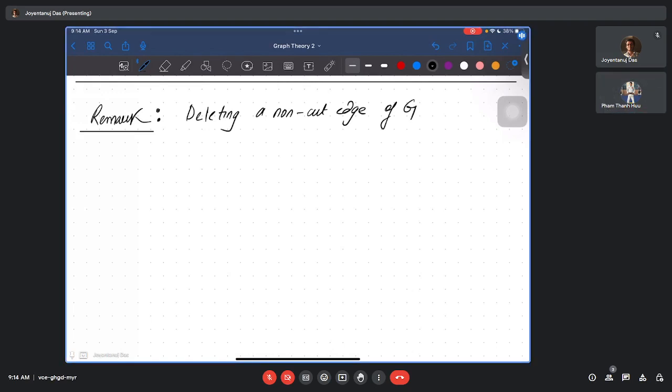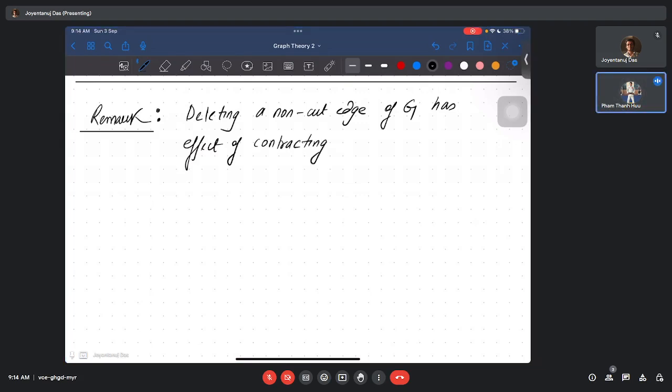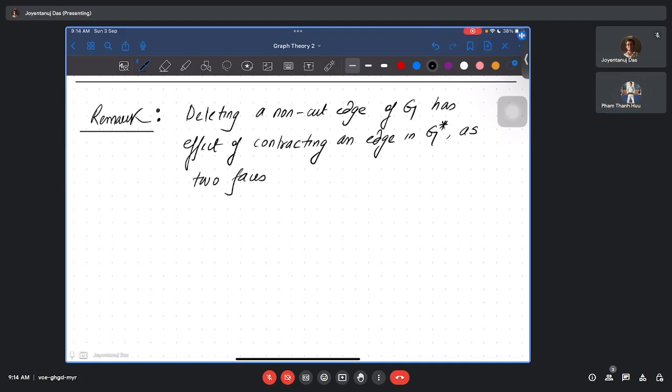Deleting a non-cut edge of G has the effect of contracting an edge in G star, as two faces of G merge into one.